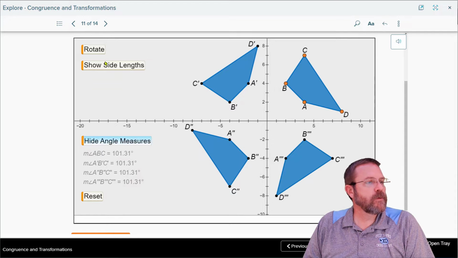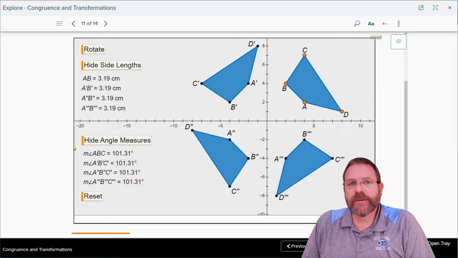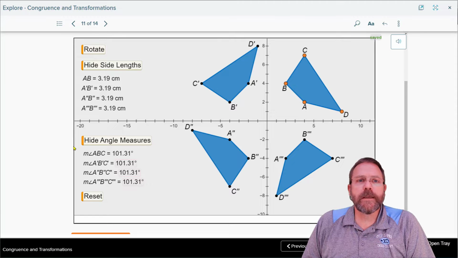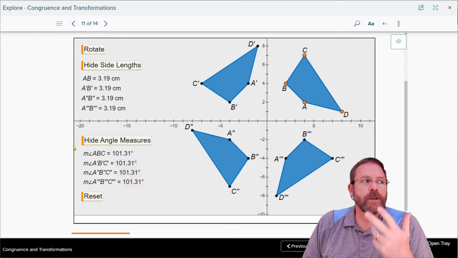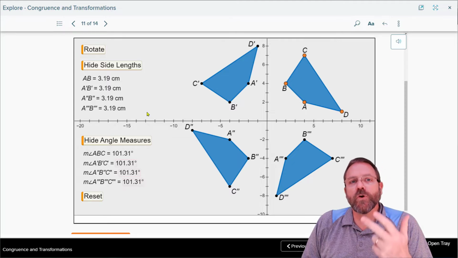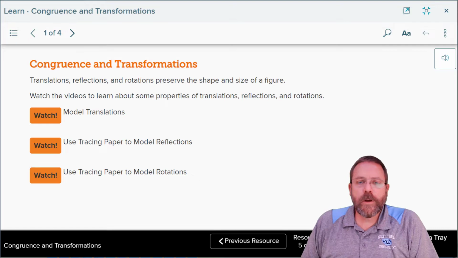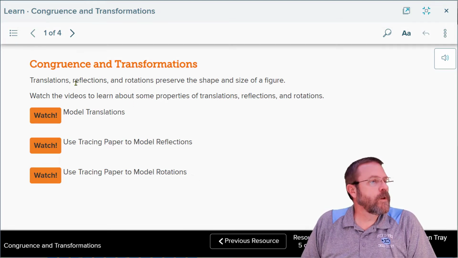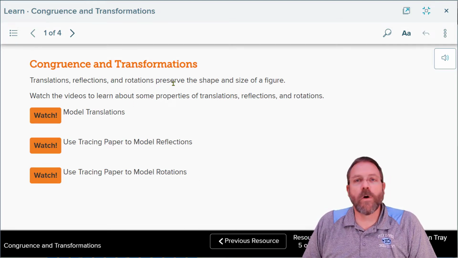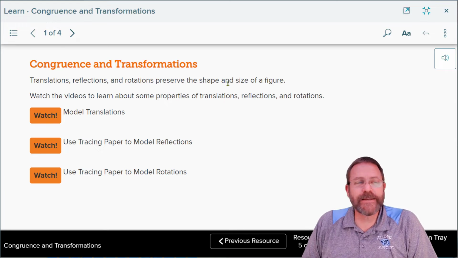You're going to have the same angle measurements and the same side lengths. Once again, a rotation, a flip, or a translation is all going to give you congruent figures to the original figure. Hammering into this a little bit more, translations, reflections, and rotations all preserve the shape and size of the figure.